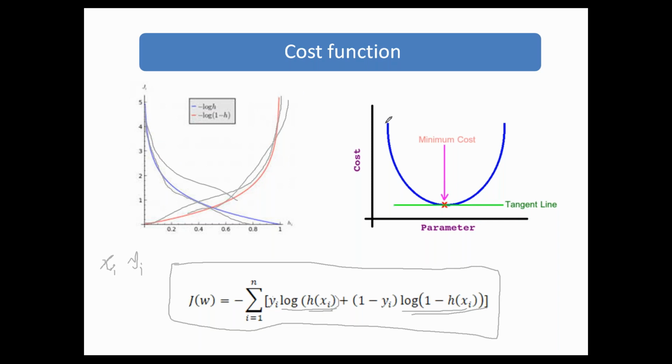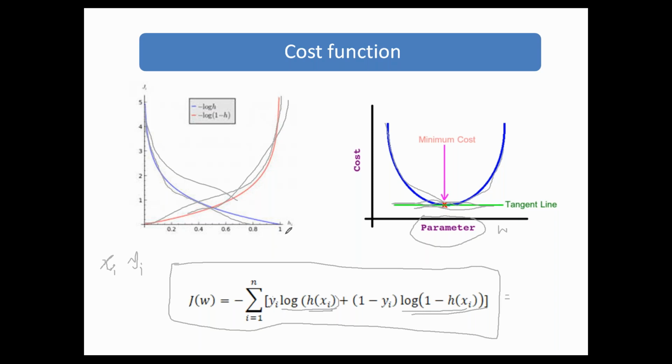We add both, and you will get a cost function like this. This is called the convex cost function. If you use this equation, it gives a convex cost function with respect to the parameters w0, w1 and w2. Suppose you have one parameter w, the cost will be something like this. It will be minimum here. So you will have no local minimums, only the global minimum. This is the cost function.